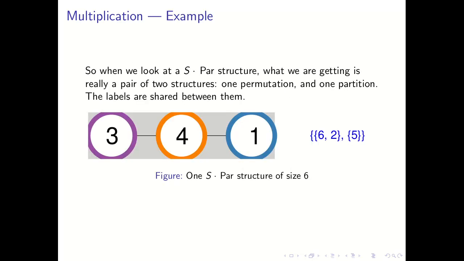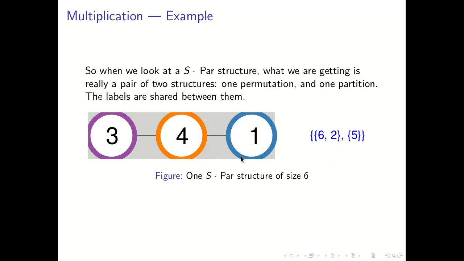So this is what I just said, and here in the addition case I had two pictures up, whereas for what we're doing now this is really one structure. A structure is made up of two parts. One part is the permutation part and one part is the partition part.